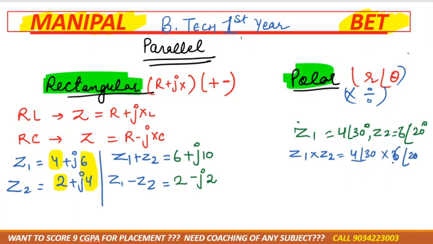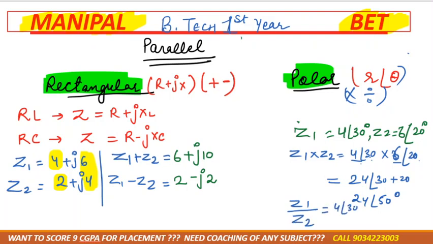So the real terms are multiplied as they are, 6 4s are 24, and in multiplication the angles are added, that is 30 plus 20, 24 angle 50 degree.